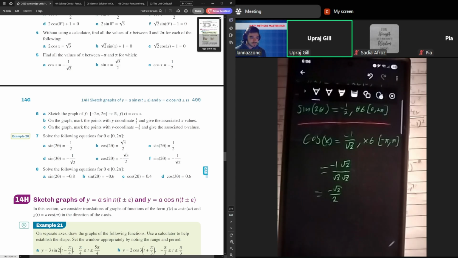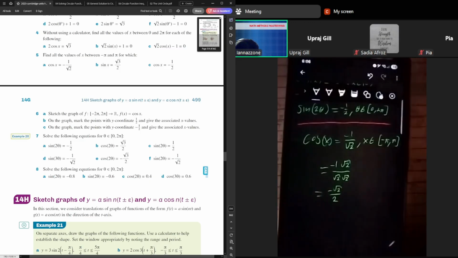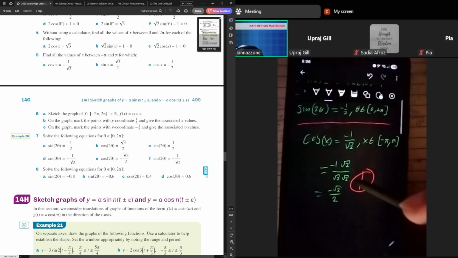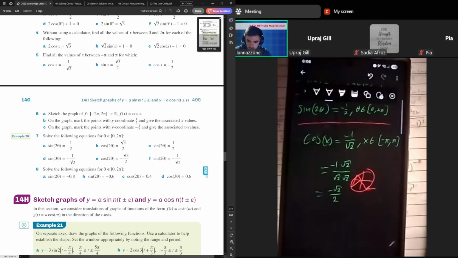Is it negative pi over 4? Not negative pi over 4. Negative pi over 4 would put it in quadrant 4. So negative pi over 4 would be down here, whereas you want to be here and here. Could we do negative pi plus pi over 4?